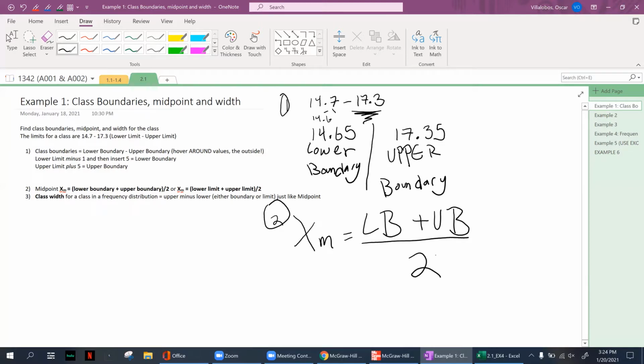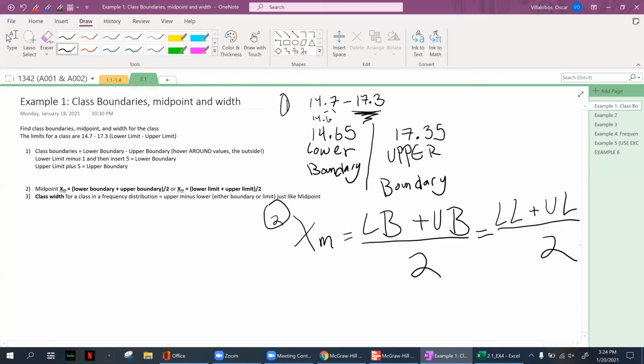You can use these numbers that we just found, or you can use the numbers that were given in the beginning, which will give us the same thing. Those values were the lower limit plus the upper limit, divided by 2. And they'll both give us the same value.